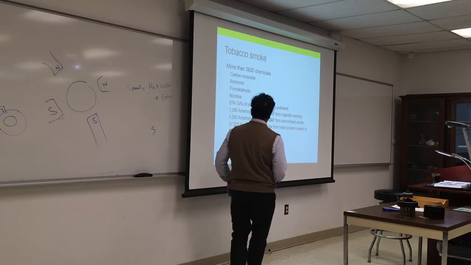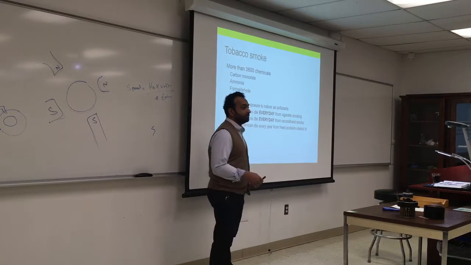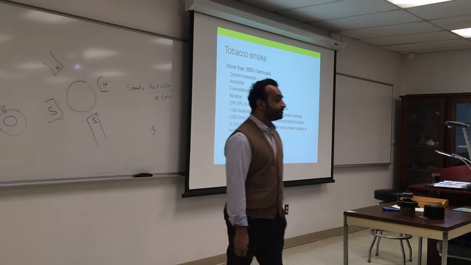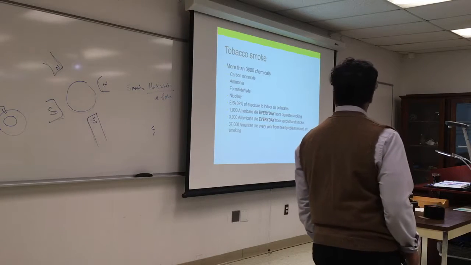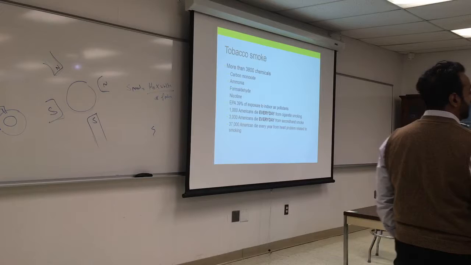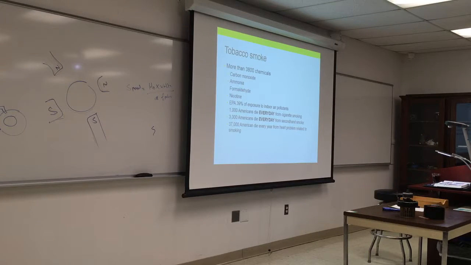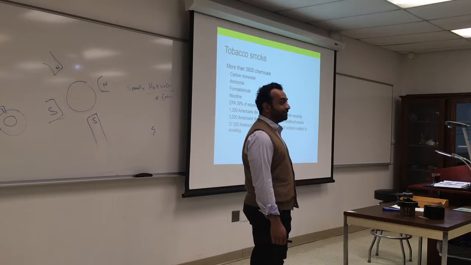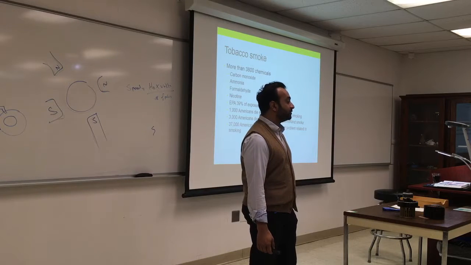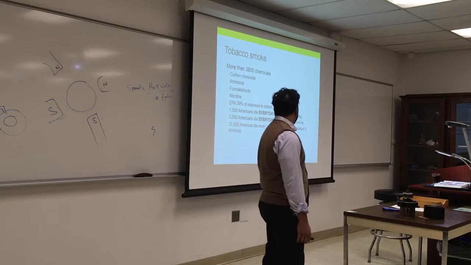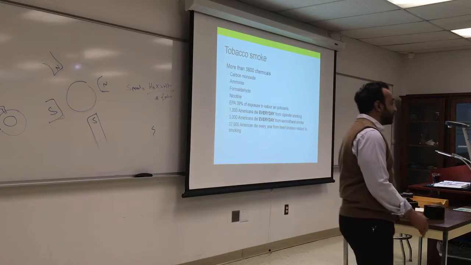The EPA estimates 39% of exposure to polluted air comes from tobacco smoke. 1,000 Americans die every day from cigarette smoking. Again, this book was published in 2010, so it's not that current. Luckily, smoking amongst teenagers has reduced a lot in the last 10 years. 3,000 died from secondhand smoke, which is peculiar because secondhand smoke is worse than firsthand smoke. 37,000 Americans die every year from heart-related problems related to smoking.